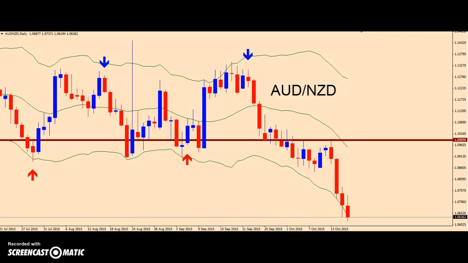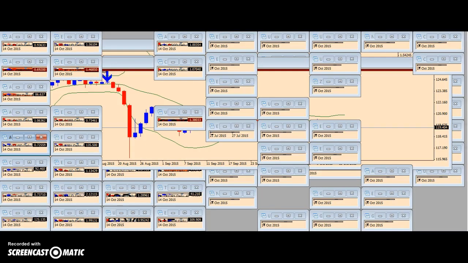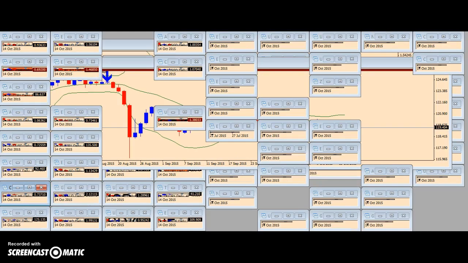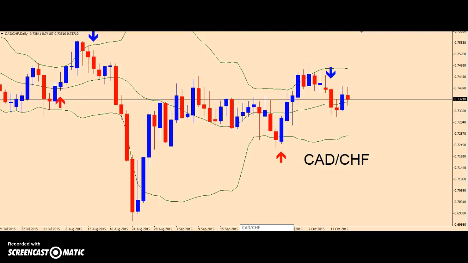Okay, moving on. Ball in the middle. No line, no support and resistance anywhere. So it could go either way. Bypass that one. What's going on here?